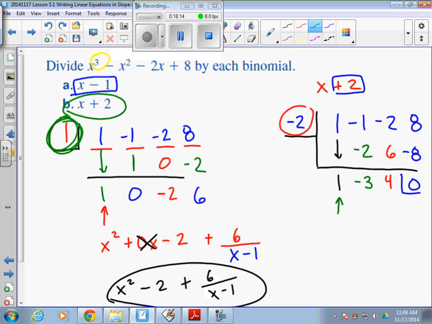So it's 1x squared minus 3x to the first power plus 4, and there's no reason to write plus 0 over x plus 2 because there is no remainder. This is the trinomial for that. X squared minus 3x plus 4.